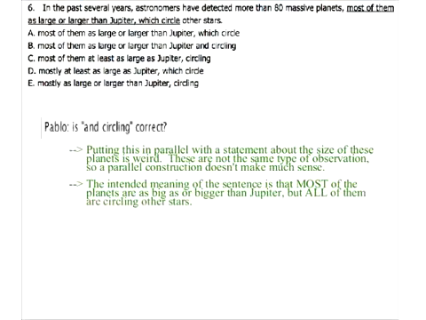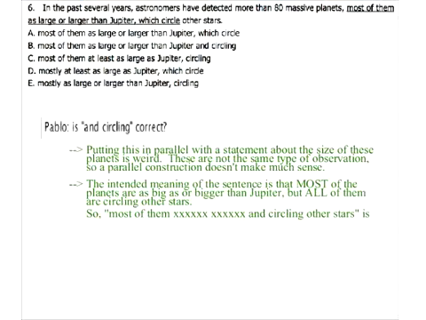So there's also a meaning error if you put these things in parallel. If you say "most of them x, x, x, and circling other stars," that is also a meaning error.